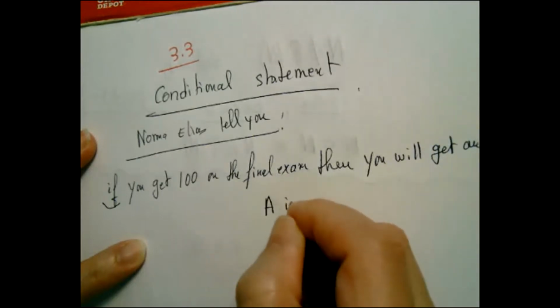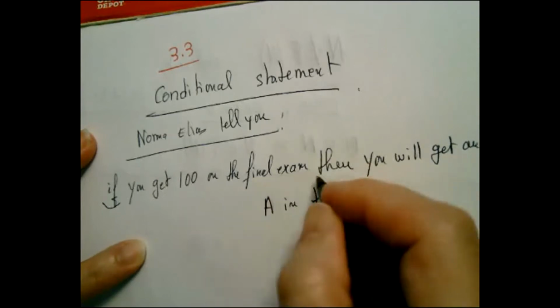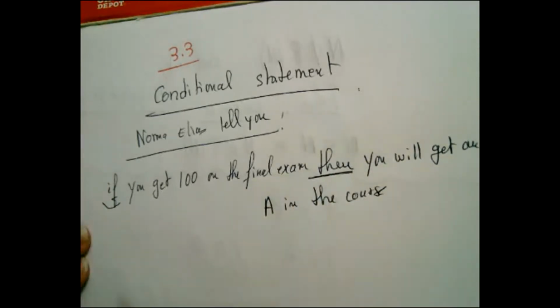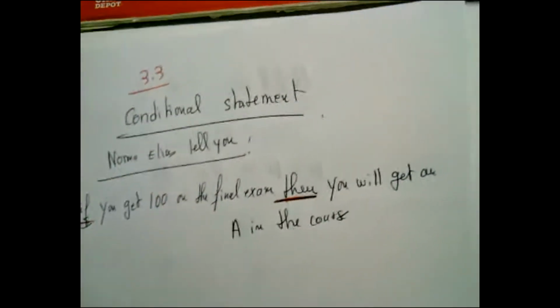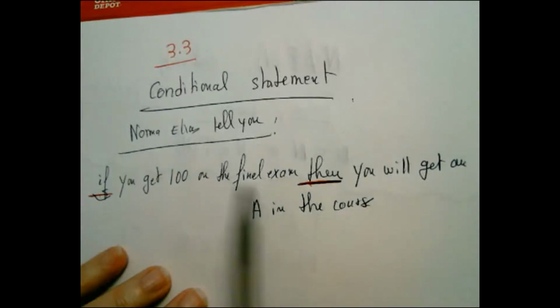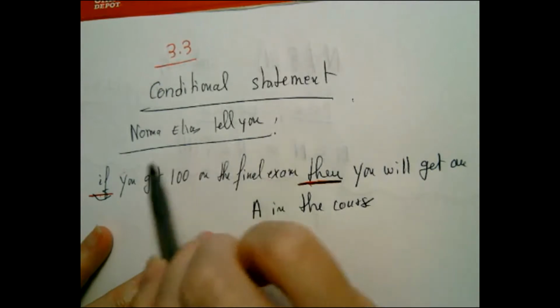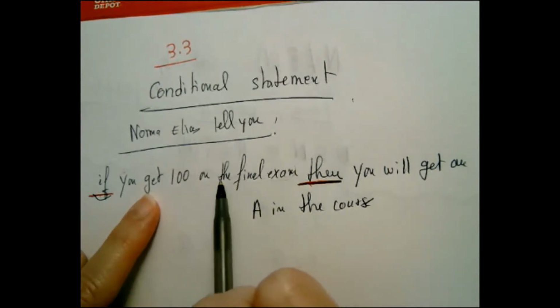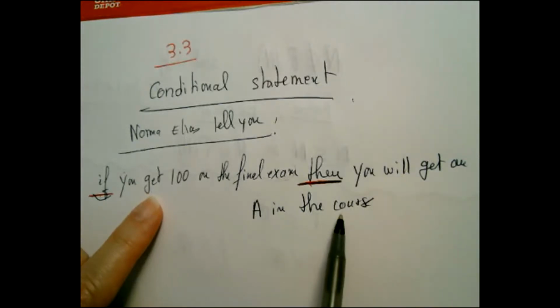If then, so if this happened, then this happened. So here I am giving you what we call a conditional statement. I'm telling you that if this condition is satisfied, meaning you get 100, then this would be satisfied.